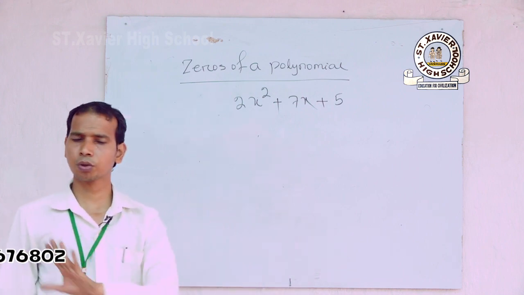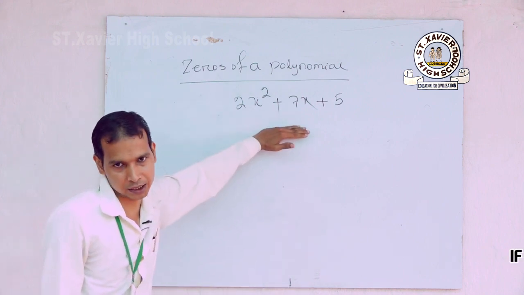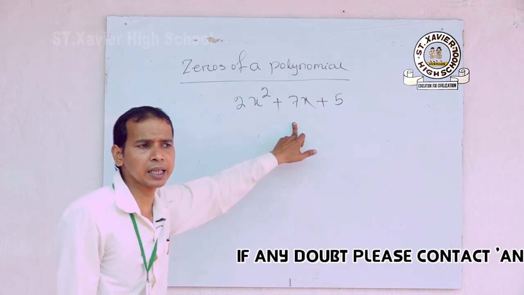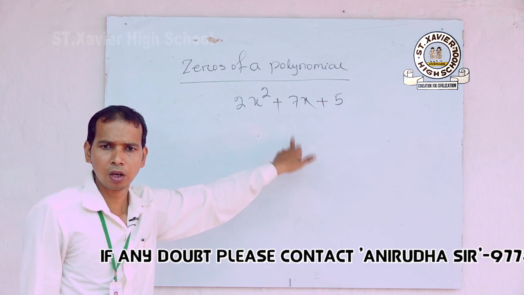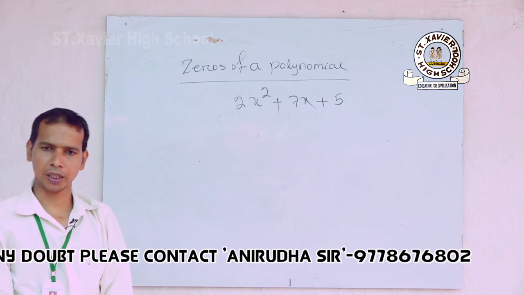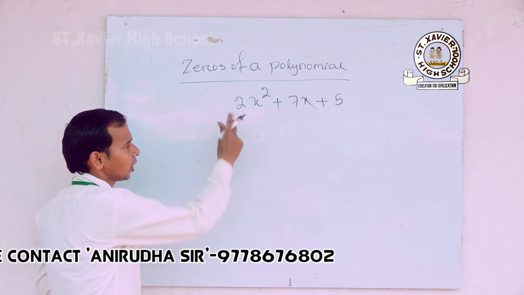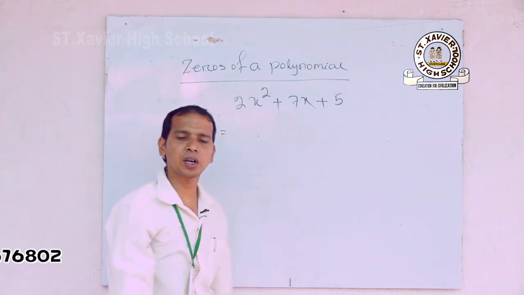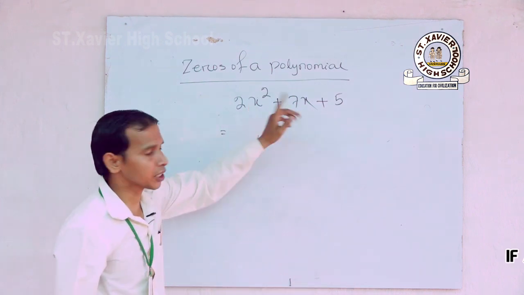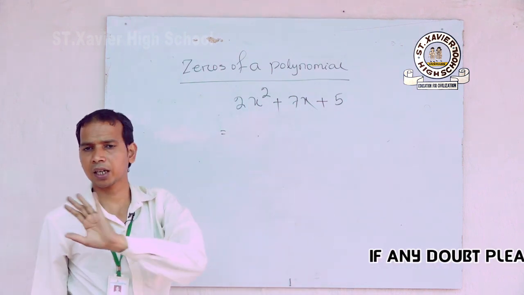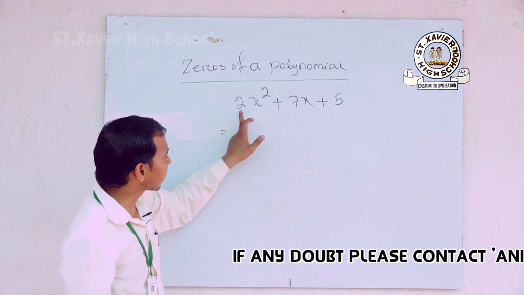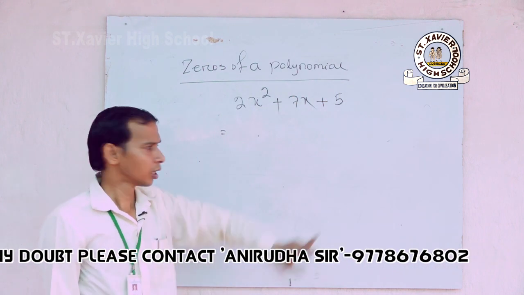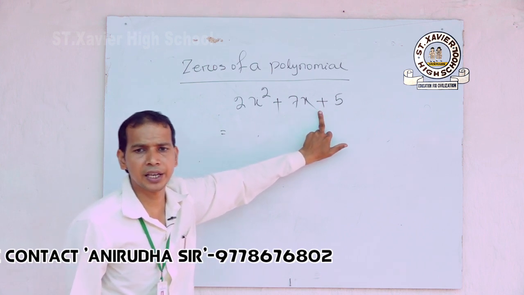In the previous case, you know how to factorize this. Okay. So in this case, we follow the splitting middle term method or first into last method. Look, the coefficient of x square here is 2 and the constant term is 5. So we multiply 2 into 5, which is 10. And the sign before the constant is plus.